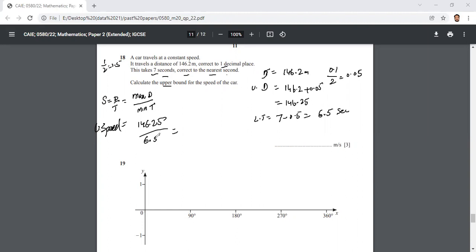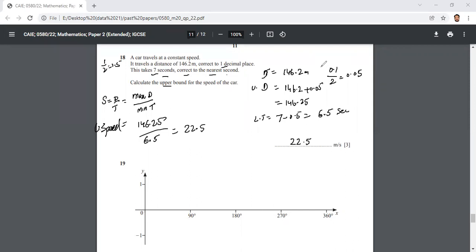So 146.25 divided by 6.5 gives me 22.5. And it is speed, so meters per second. They already mentioned the unit here, so only write 22.5. That is the required answer. Okay, we move on to the next.